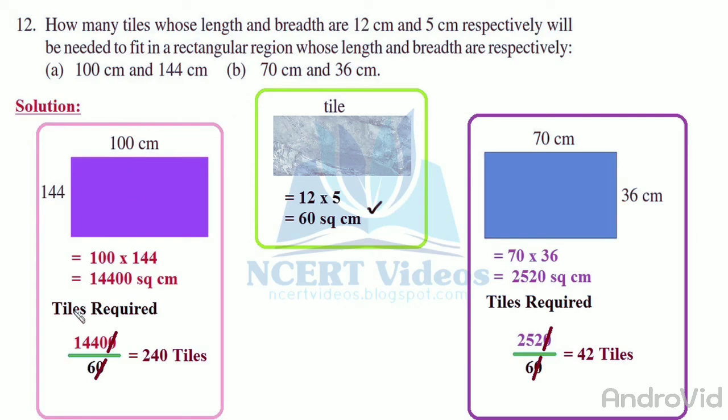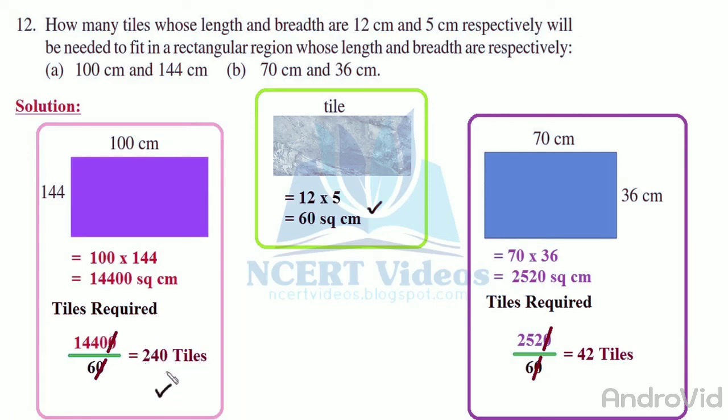Now we have calculated the areas. Tiles required will be total area divided by area of a single tile. So the zeros cancel out and 6 twos are 12, 2 is remainder, 24, so 6 fours are 24. In this way you can do it fast without actually dividing in the long way.